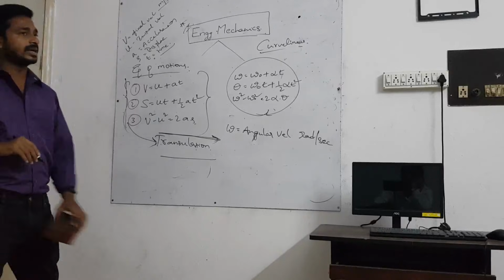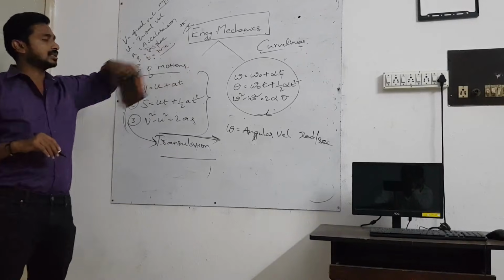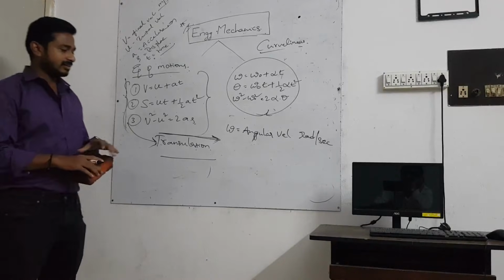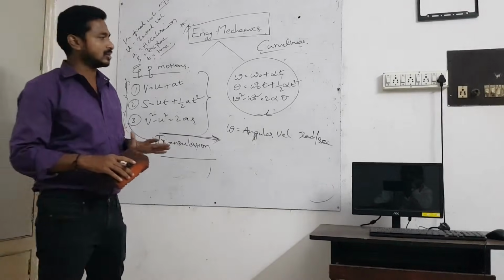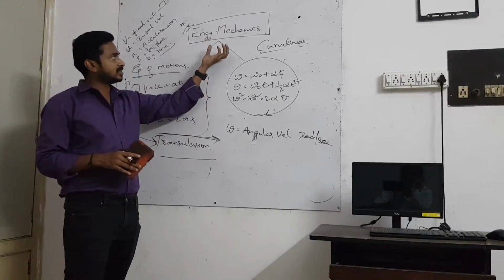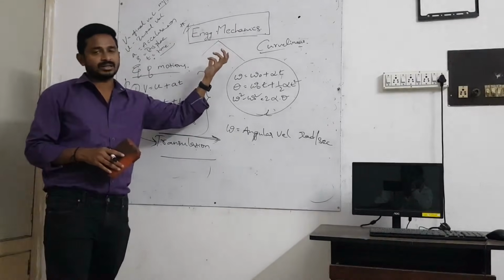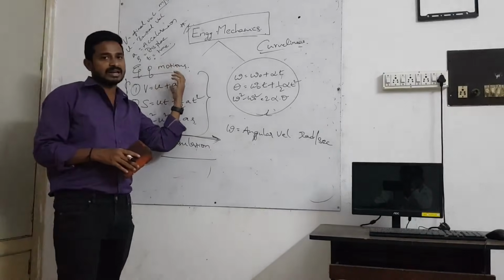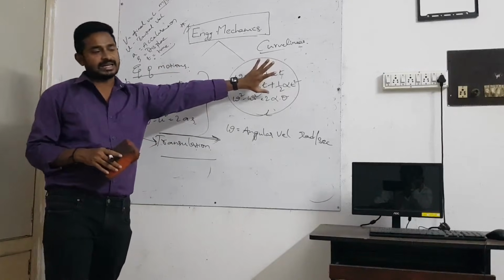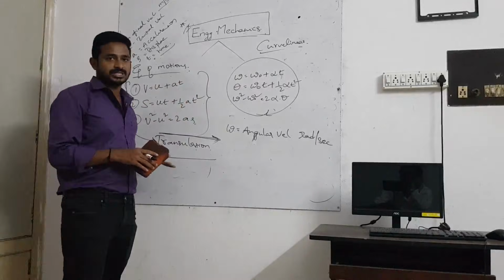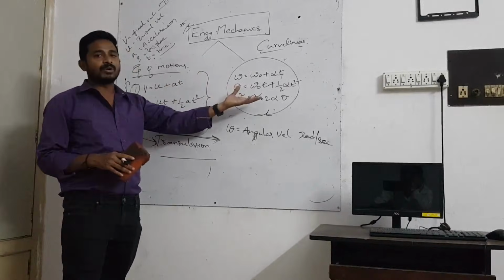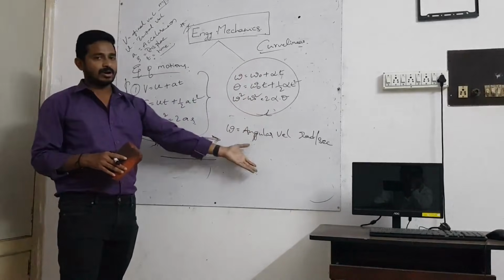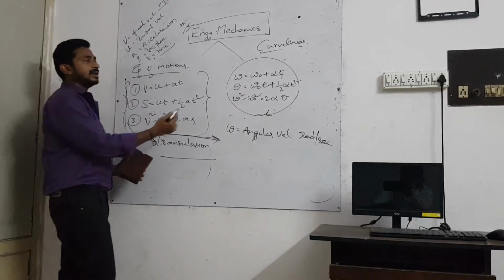So I will conclude this mechanics topic here. Engineering mechanics is a branch of engineering, and it deals with the rigid body when it is in static or when it is in dynamic. If it is static, the body will be at rest, and if it is dynamic, the body is in moving position. If you move the body, then you will consider a particle and a rigid body.